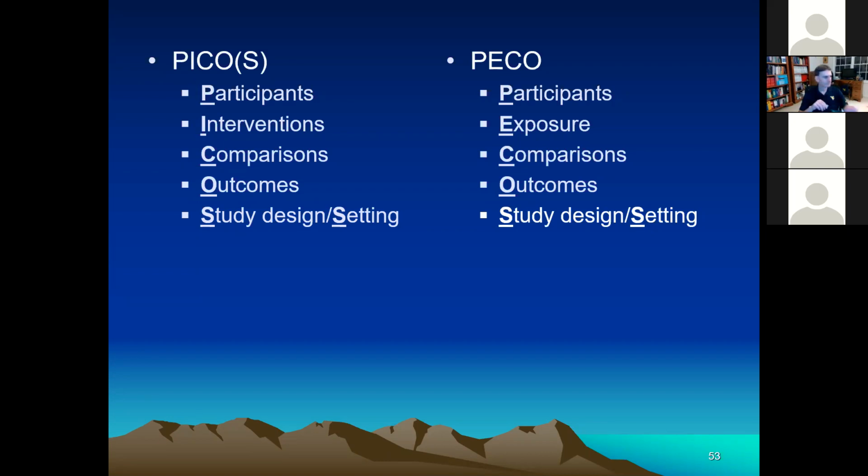Muy bien, entonces aquí no hay una intervención, pero a ustedes les gustaría ver cuál es la asociación entre partículas de contaminantes en el aire y el riesgo de enfermedad cardiovascular, por ejemplo.